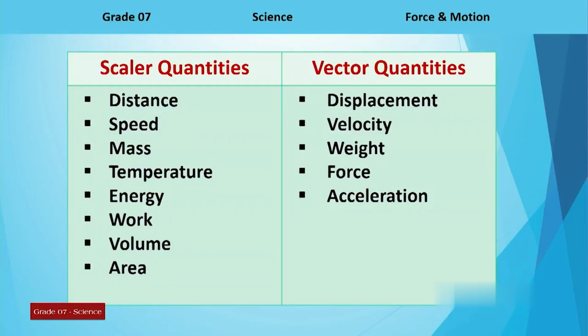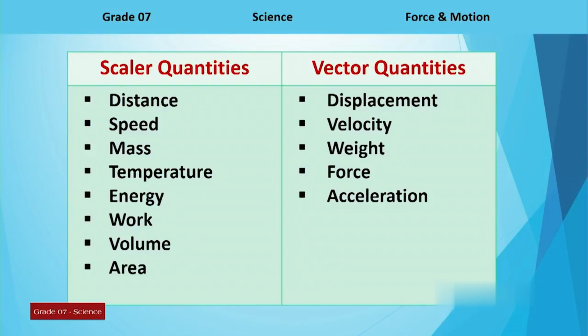Distance, speed, mass, temperature, energy, work, volume and area. Then you can understand that the quantities given in the first column of the table have only a magnitude. They haven't got a definite direction.